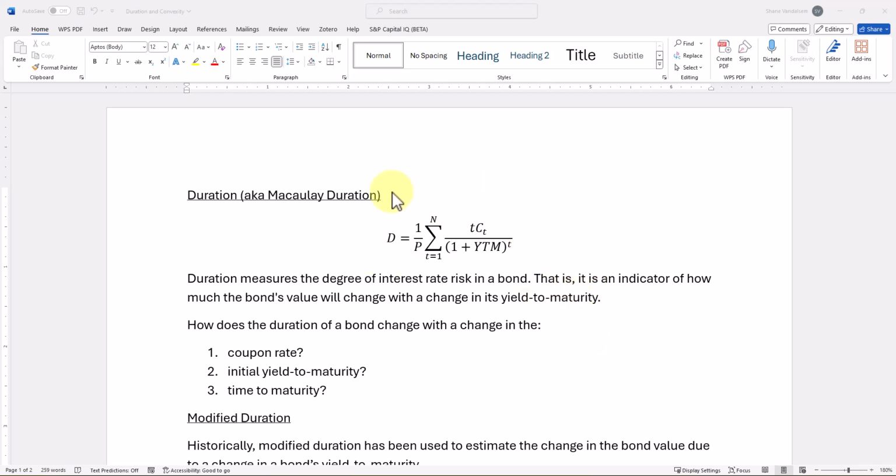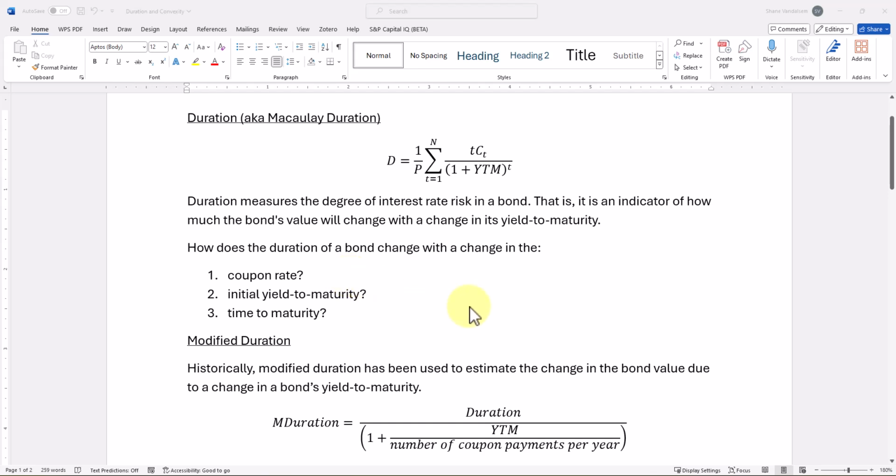What this equation says is that we calculate the duration, also known as Macaulay duration, as 1 over the price multiplied by the time period t multiplied by the cash flow that is received by the investor at time t divided by 1 plus the yield to maturity raised to the power of t. We're going to also discuss how duration changes with a change in the coupon rate, the initial yield to maturity, or the time to maturity.